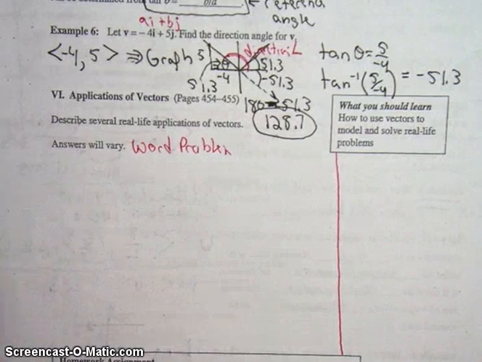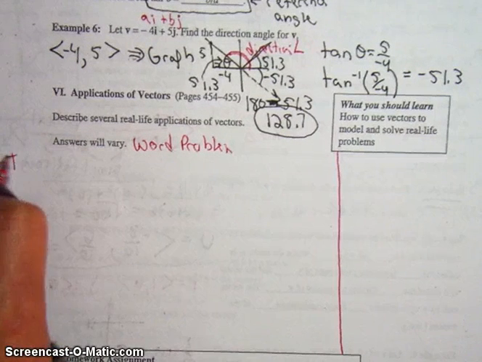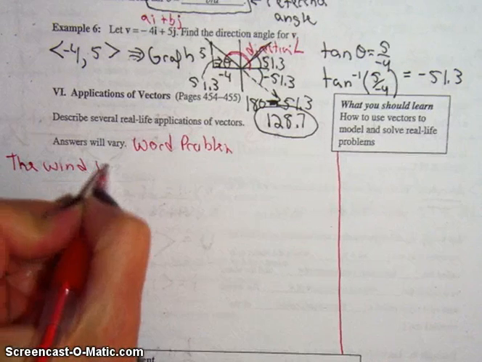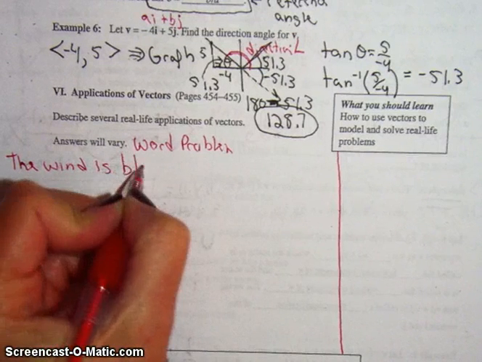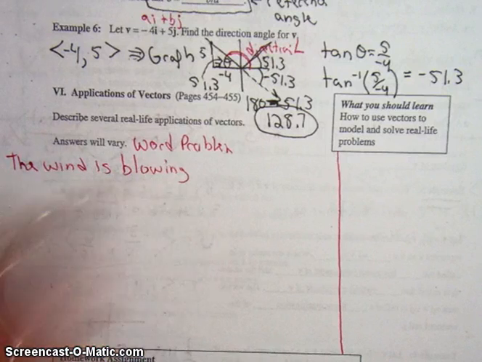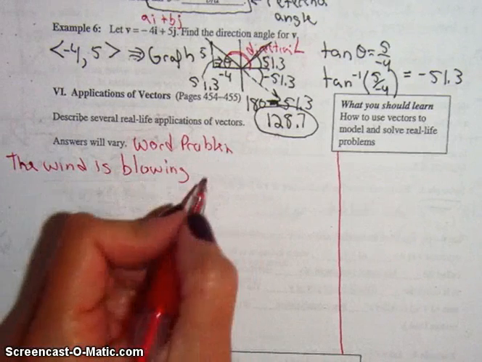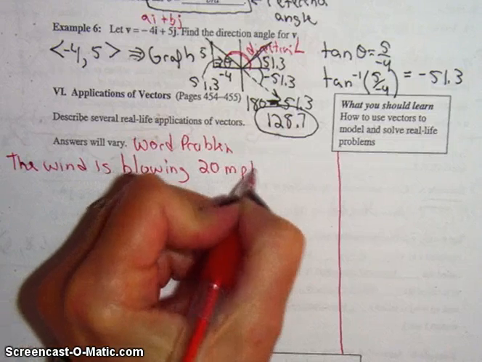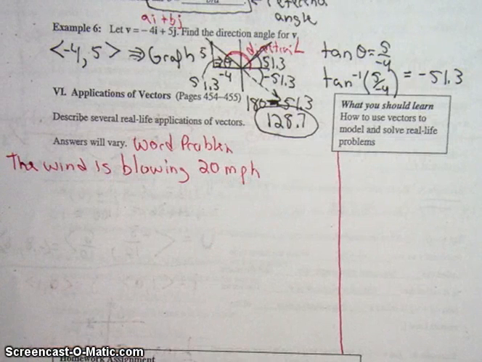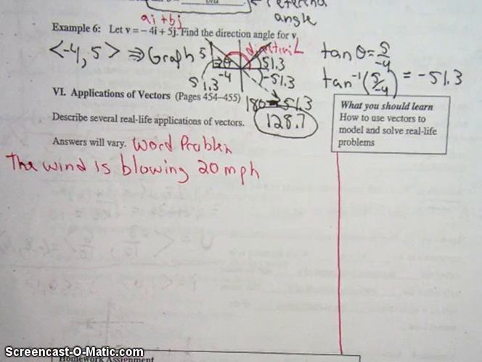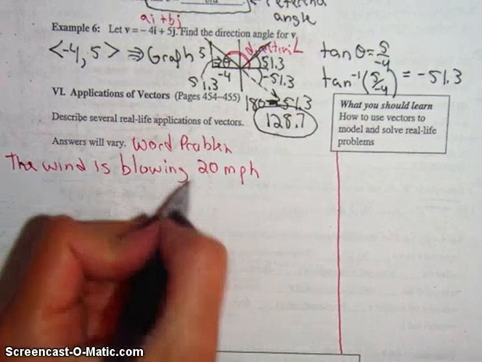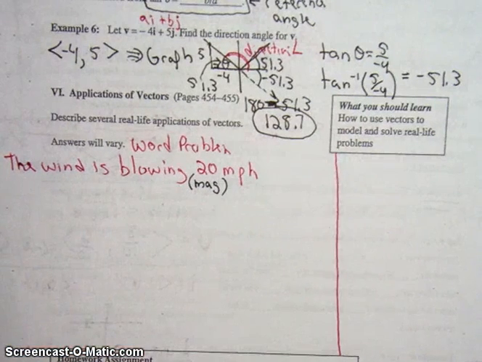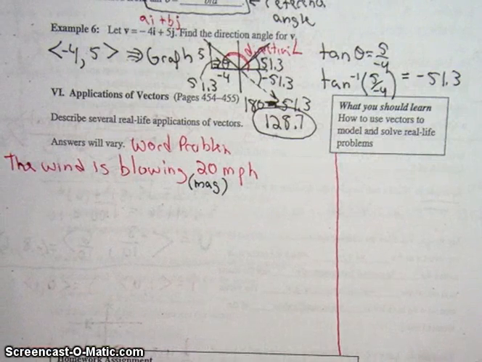Okay? Here's our word problem. The wind is blowing 20 miles per hour. Now, a speed can actually be a magnitude. So what they just gave you is the magnitude of the vector. A speed can be a magnitude.